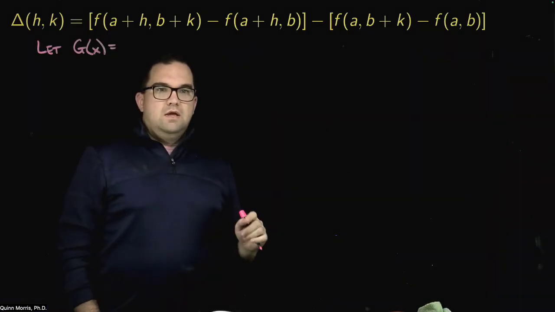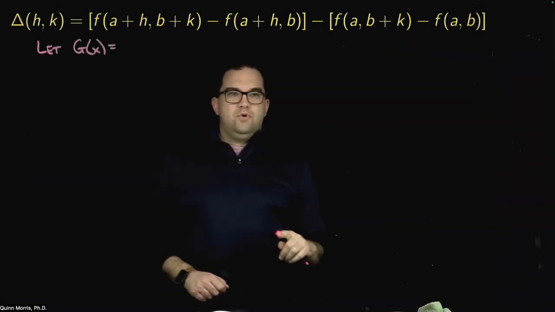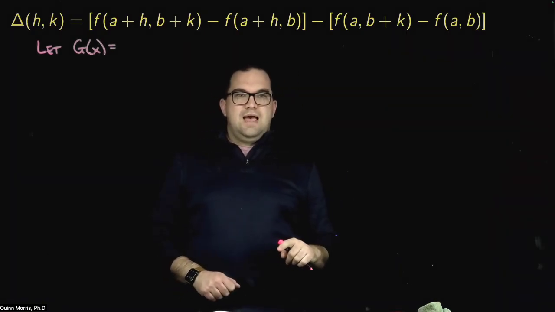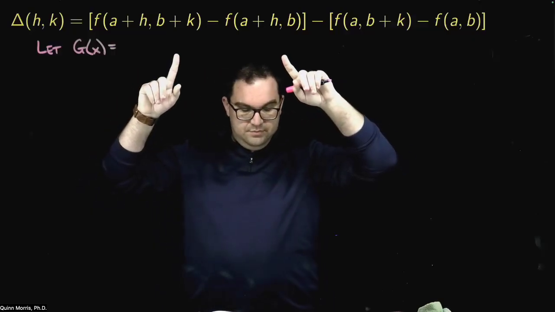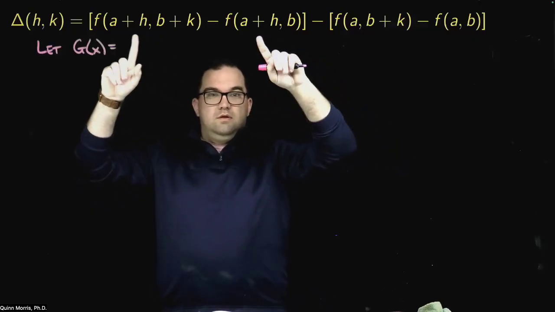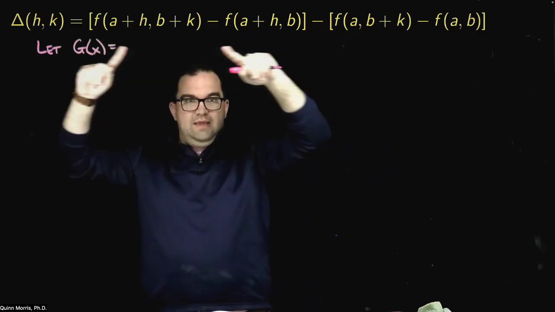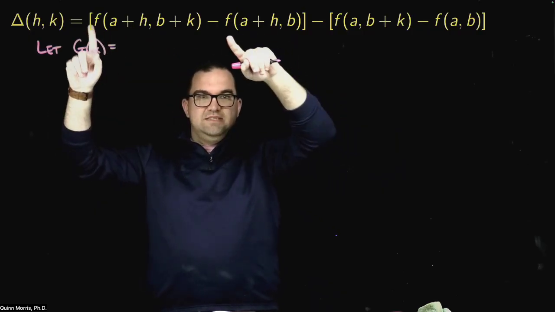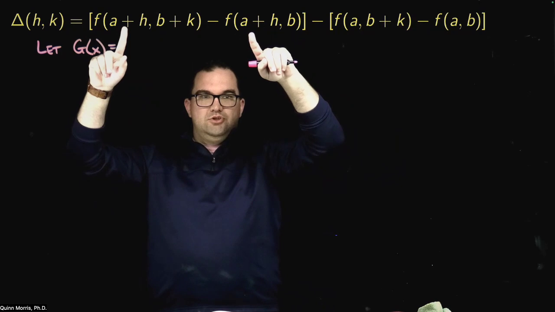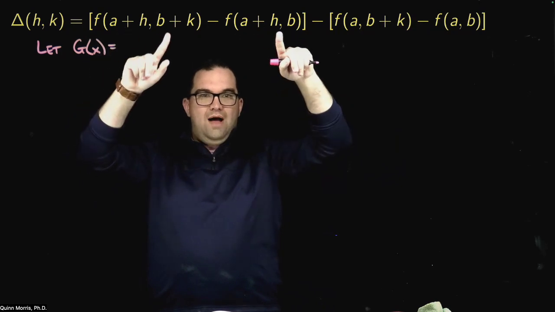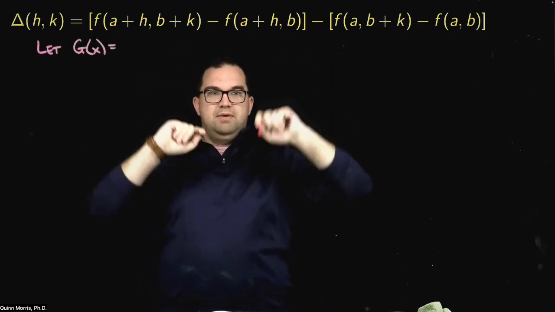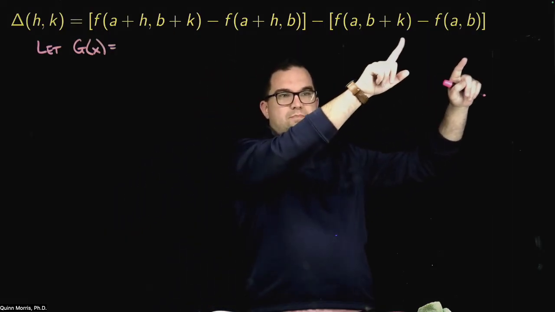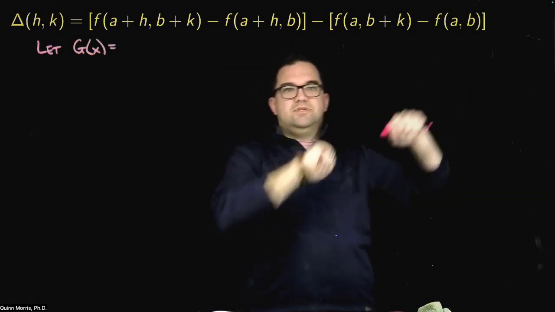And what I want to notice is that each of these, this quantity in brackets here, these each have an f of a plus h, and then the y values are different here. But the y values are b plus k and b. Same thing here, the y values are b plus k and b, and the x values are the same.